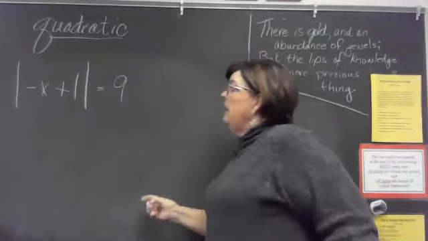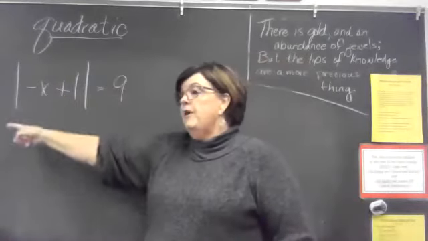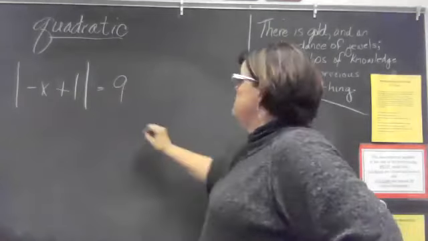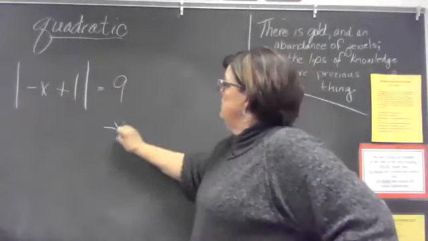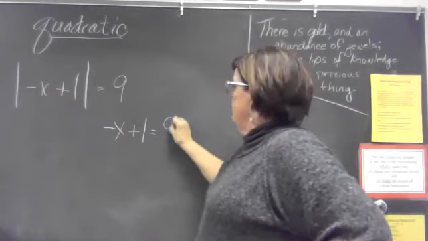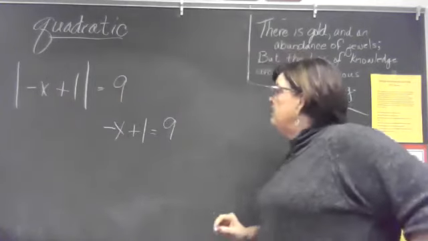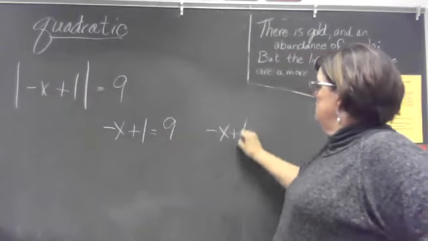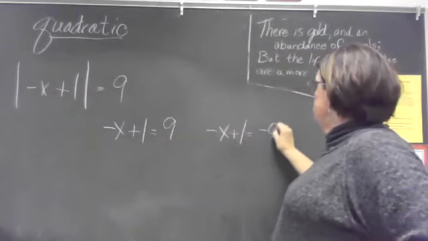And I know that if it's absolute value, I'm going to make 2 equations. I'm going to make the insides equal to 9. But I'm also going to make the insides equal to a -9.